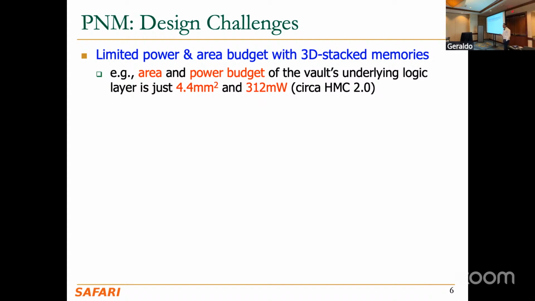So if you want to do computation over there, you have a memory device. And usually the logic space that you have to integrate some computation is dependent on the dimensions of the memory dies. Basically, we design the memory dies in 3D, and then you project that area into a 2D plane. And then you have basically the space where you can add computation. But that logic die is not there for computation primarily.